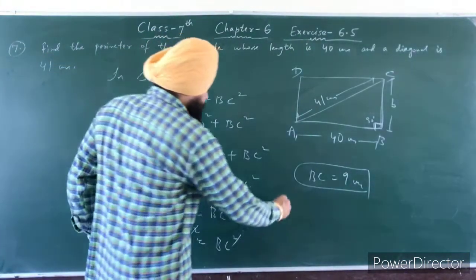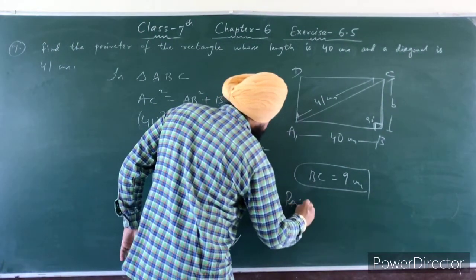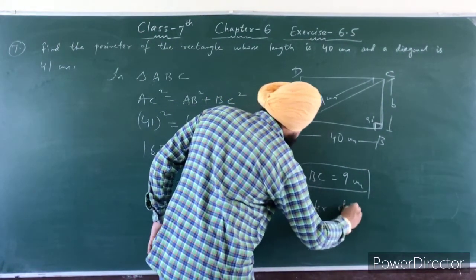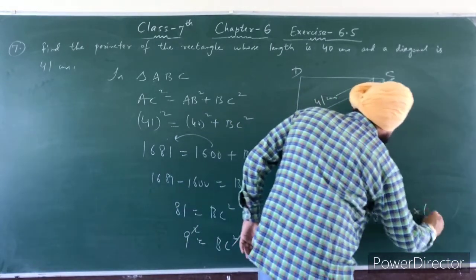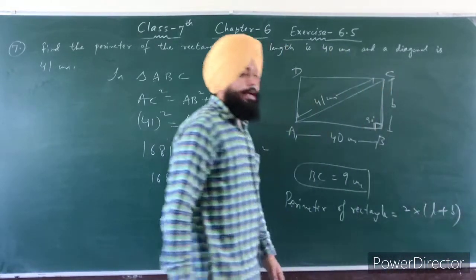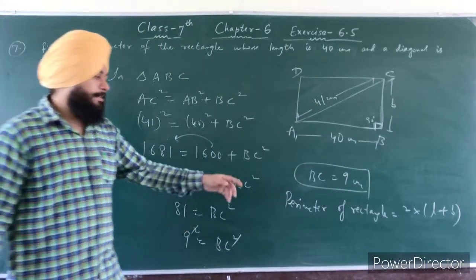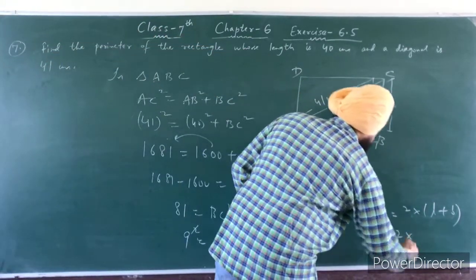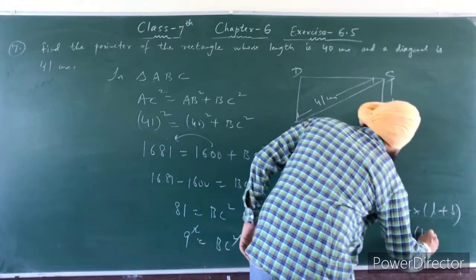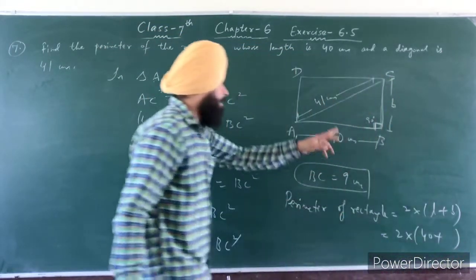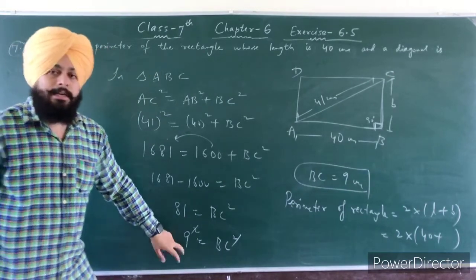Now the formula of the perimeter of a rectangle is 2 multiply L plus B. So L is the length, which is 40 centimeter, and the breadth of the rectangle is 9 centimeter.